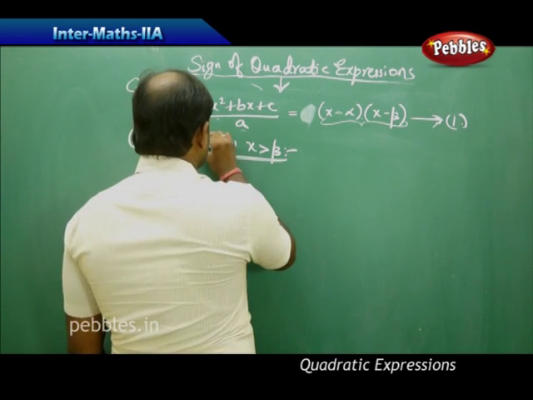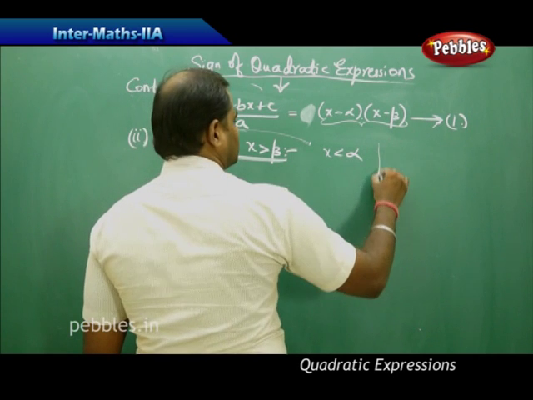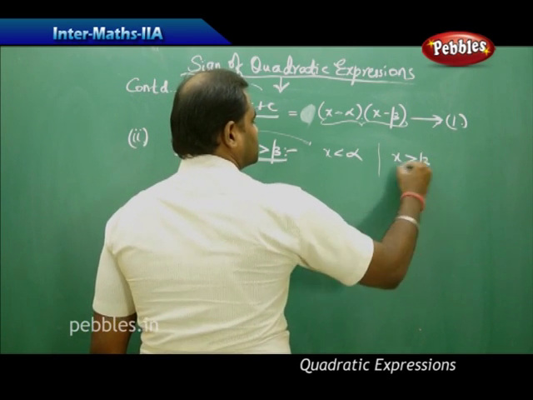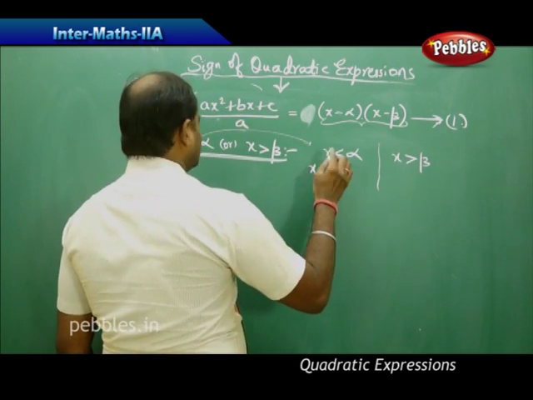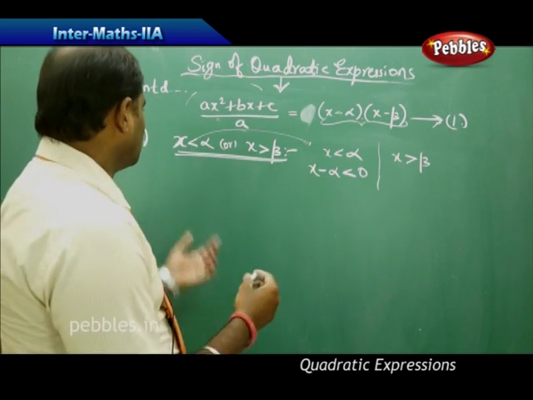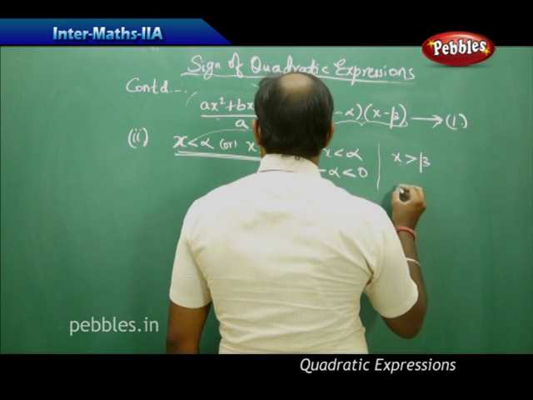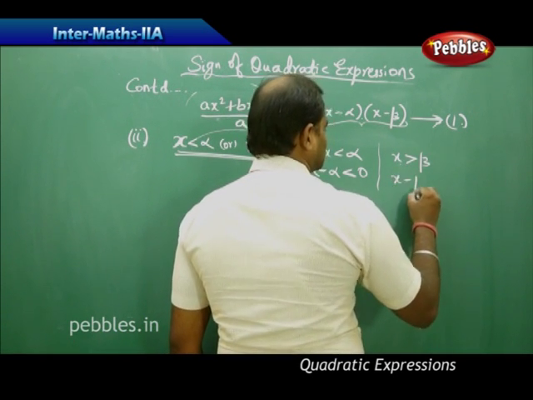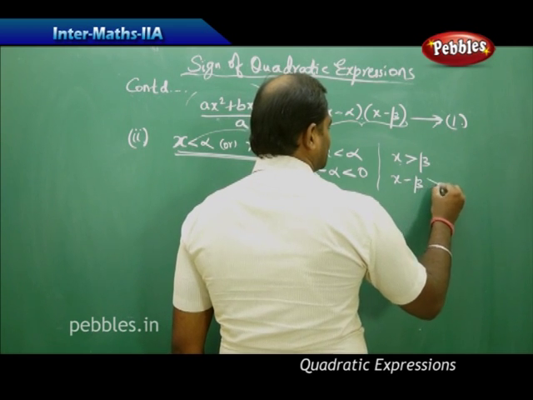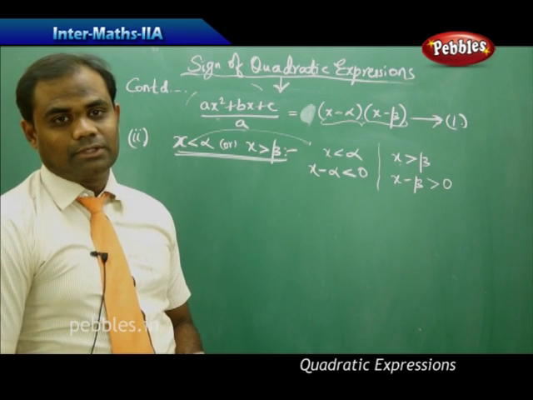So x less than alpha implies x minus alpha is less than 0, and x greater than beta implies x minus beta is greater than 0.